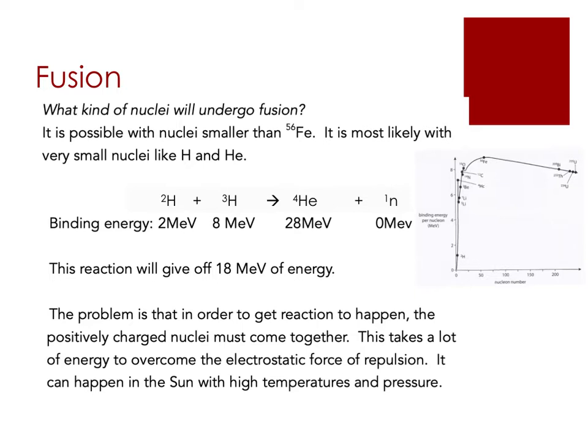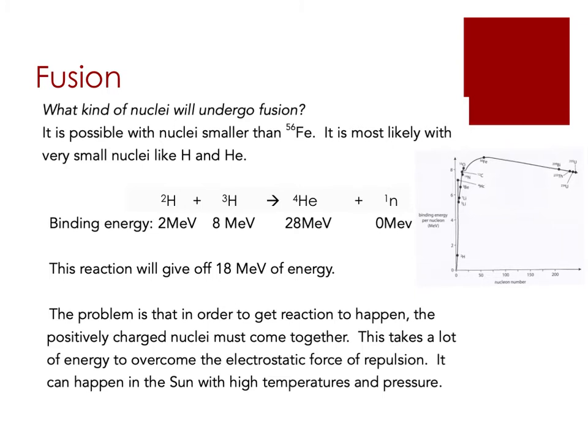These two isotopes are so common that we actually give them their own name. Now, if these two combined and made helium, remember 2 protons, 2 neutrons, and 1 other neutron, this reaction would actually give off energy, which is why fusion is what we say is powering the sun.